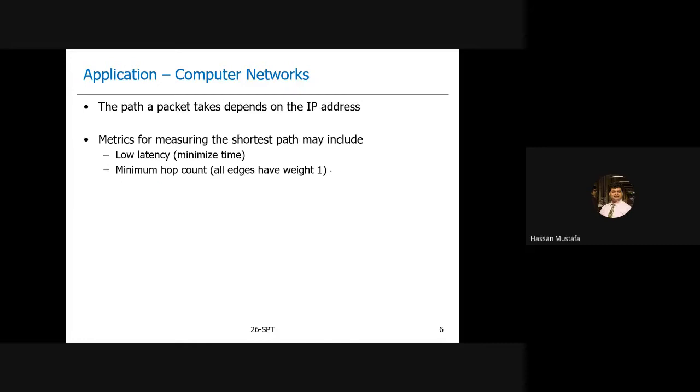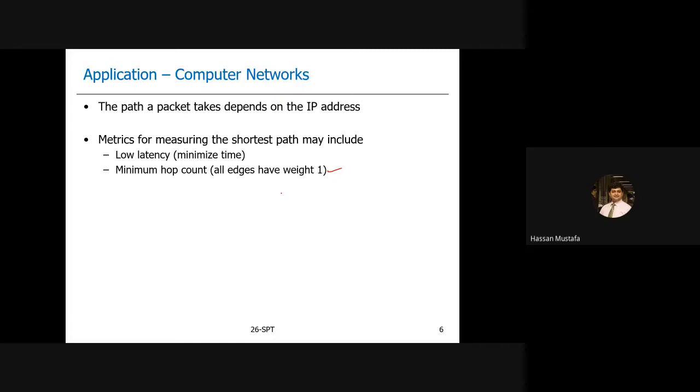Maybe there is another way, in which I'm interested in just counting the number of vertices between the two computers. Sometimes, for security reasons, I do not want my packet to pass through many entities in the graph. I just want it to pass through as few computers as possible. That's another metric of finding the shortest path.